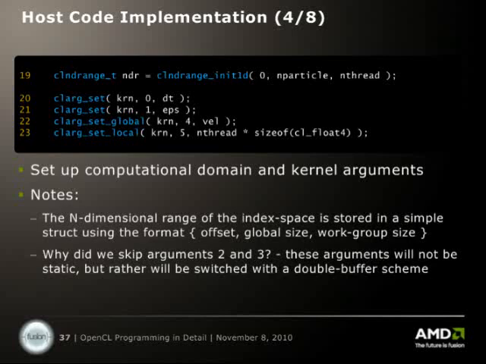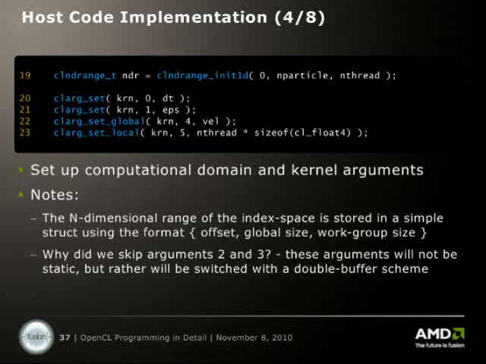In line 20, we're setting the first argument, which is a simple intrinsic float representing the time step. In line 22, we're setting a pointer to the array that's storing the velocity for all of the particles. There we use a call that's setting a global pointer for kernel argument 5.